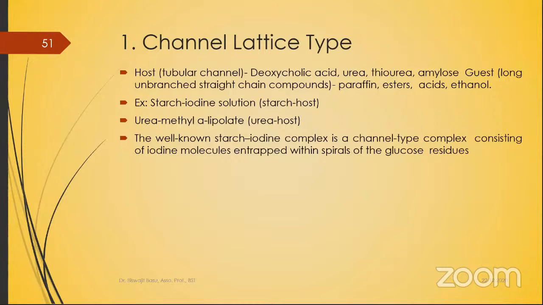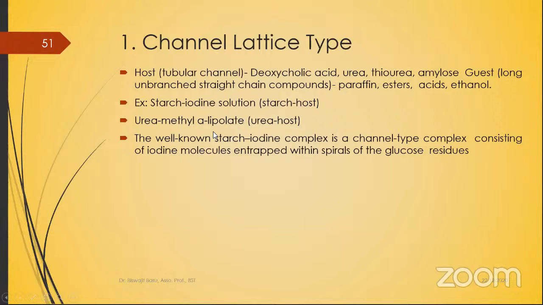In this case, the hosts are deoxycholic acid, urea, thiourea, and amylose, and the guest is a long unbranched straight chain compound. Examples: paraffin, ester, acid, ethanol. Some other examples are also there. Starch iodine solution, I already told you.